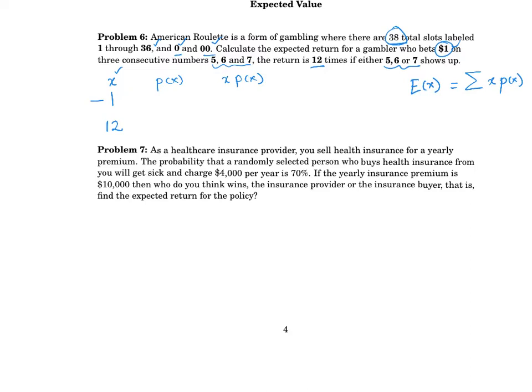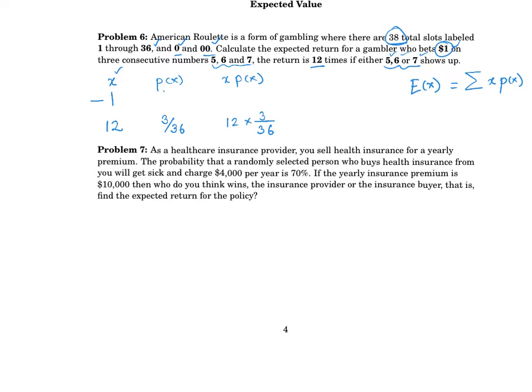Now, you bet on 3 different numbers, so it's going to be 3 out of 36, your chances of winning, okay? 3 out of 36. So your x times p of x is going to be 12 times 3 out of 36. That's one option. The other option is that you lose, right? What are your chances of losing $1?